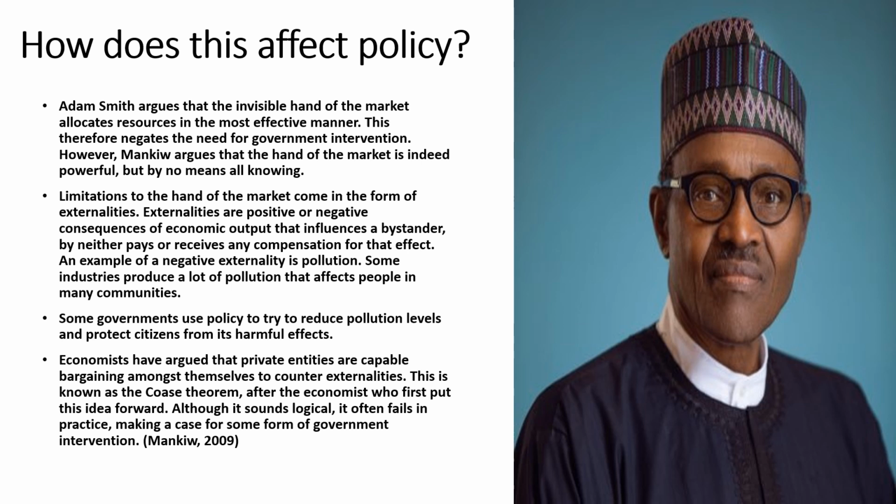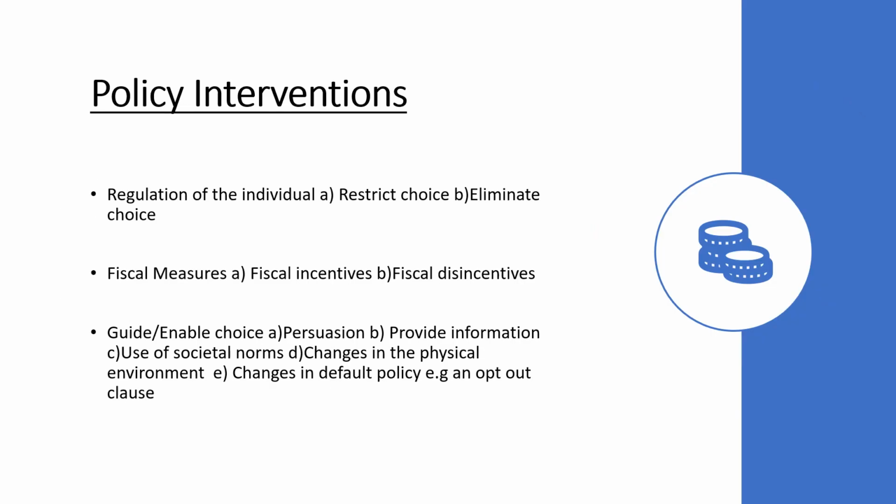And because we're not as rational as we think we are, and because we can be nudged in certain directions and persuaded to do things that aren't particularly in our best interest, then sometimes the government does need to intervene in the market, and they can do that in several ways. One way is regulation of the individual.